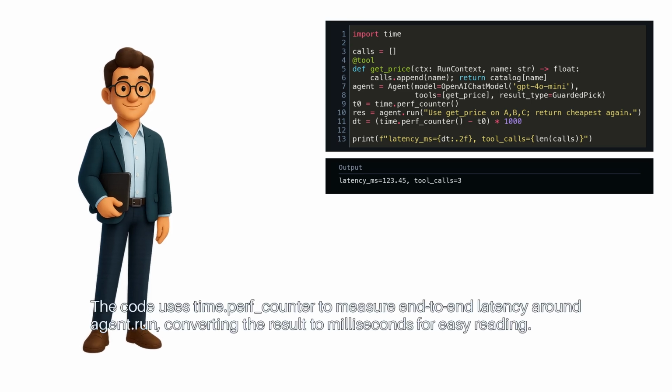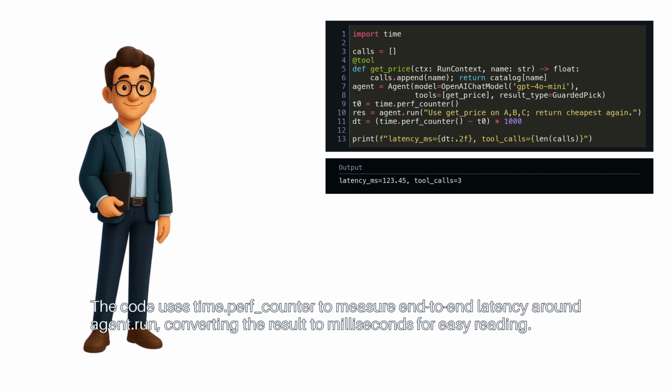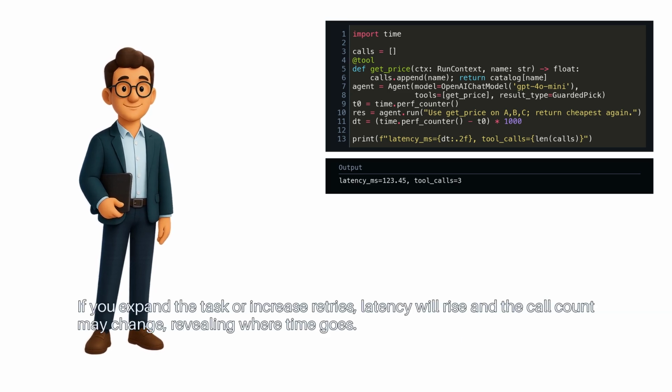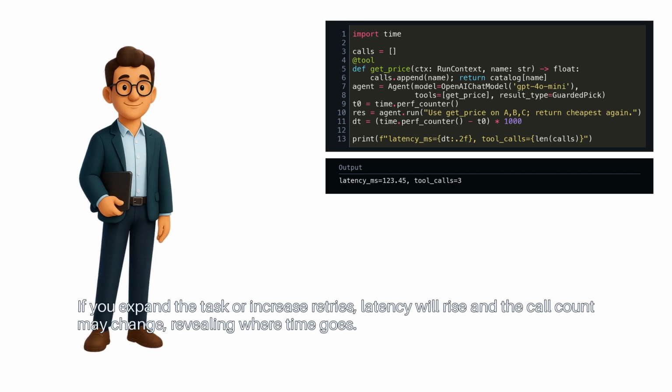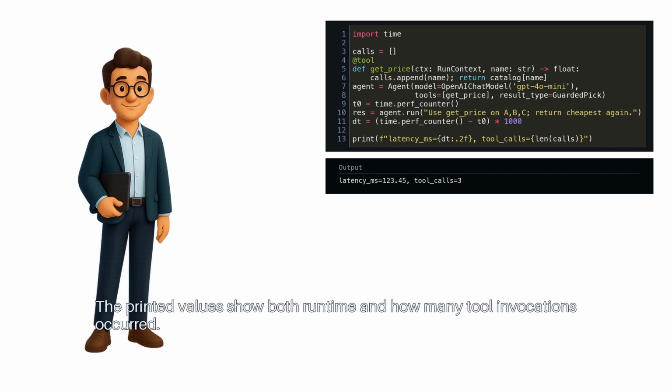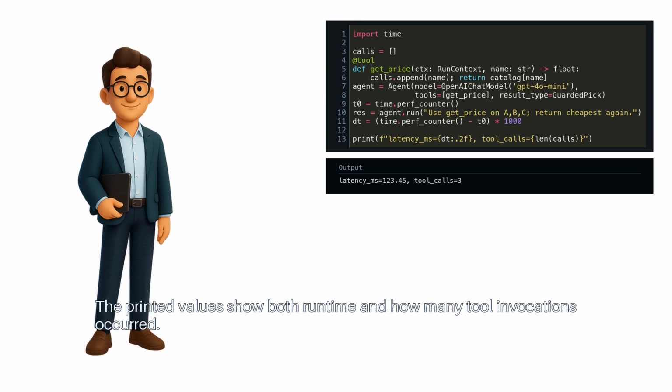The code uses time.perf_counter to measure end-to-end latency around agent.run, converting the result to milliseconds for easy reading. If you expand the task or increase retries, latency will rise and the call count may change, revealing where time goes. The printed values show both runtime and how many tool invocations occurred.